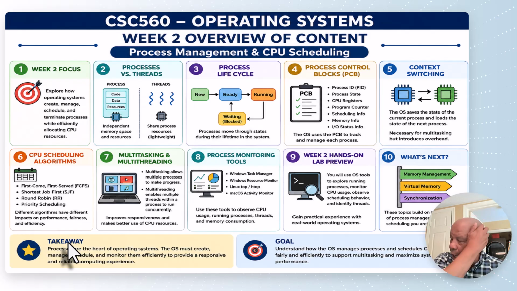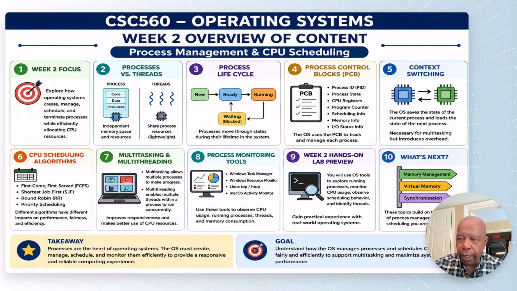The hands-on review will be done in class and as part of your assignment. Week 2 is really lab 1. We explained that in class last time, but we'll be looking at 2, 3, 4, 5, 6, 7, and 8 as far as how the operating system manages processes.